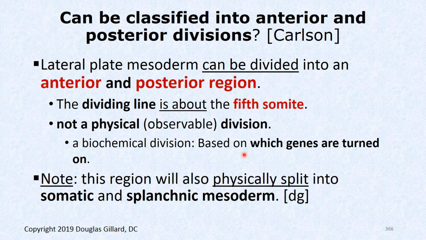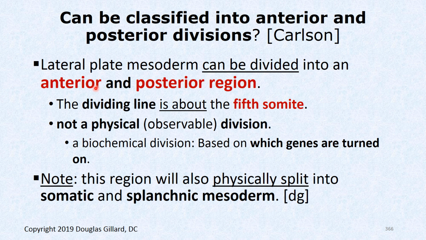So it expresses high levels of BMP, which is its main identifying factor, based on research at the time of this YouTube video, which is a little after the 4th of July, so it's July 2019. Lateral plate mesoderm can be divided into an anterior and posterior part. There are some non-physical divisions, which means you can't look at it with a microscope, even an electron microscope, and tell.